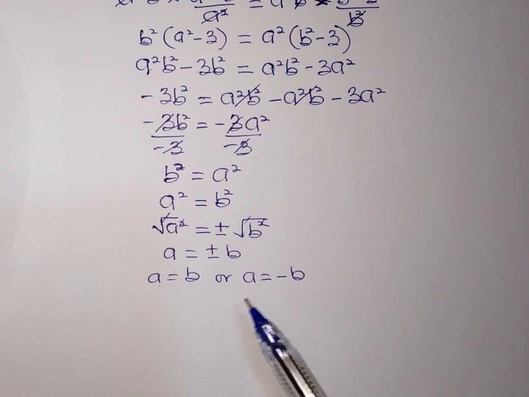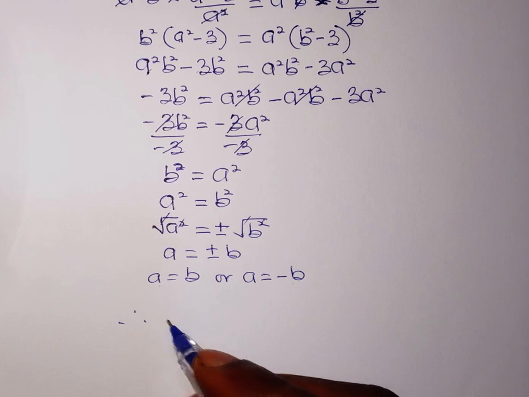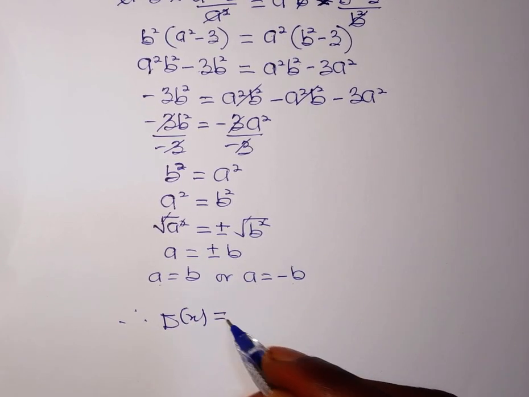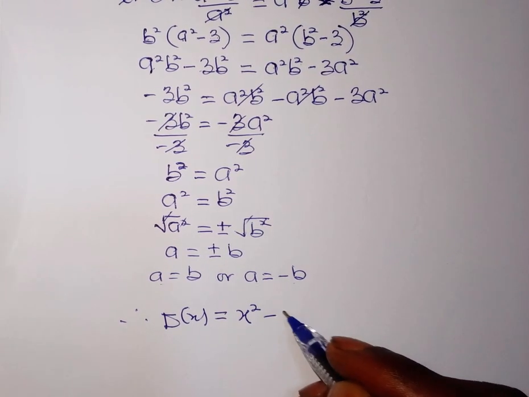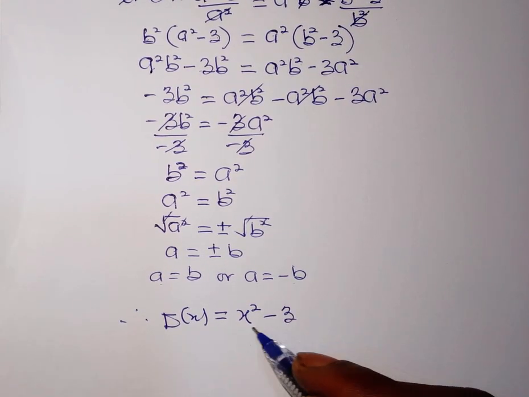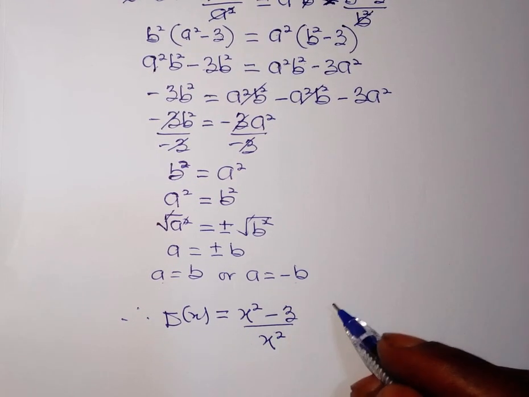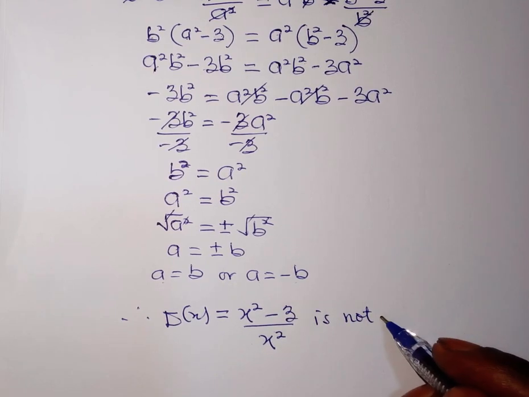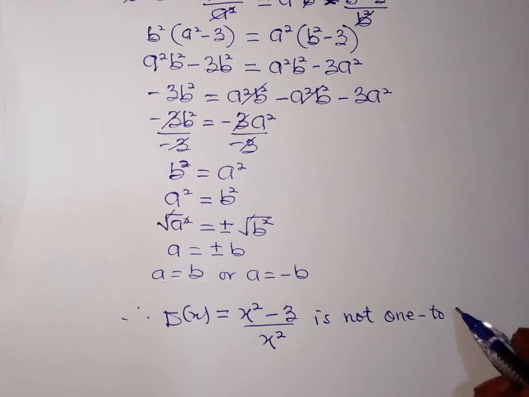Since this changes the whole situation, we can conclude that the function or the relation is not 1 to 1. Therefore, the function f at x is equal to x squared minus 3 all divided by x squared is not 1 to 1.